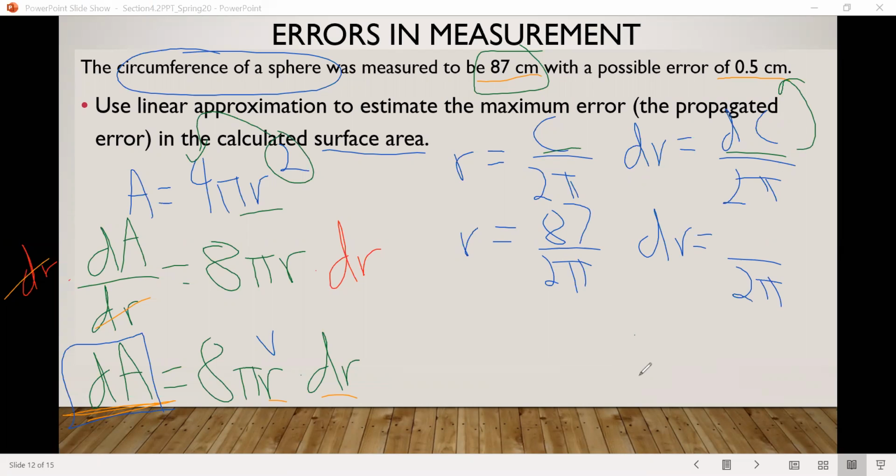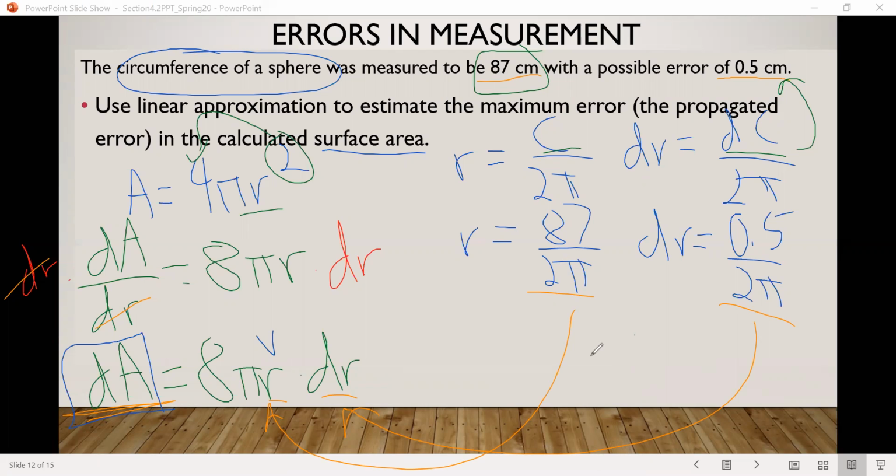So we have 0.5 as our dc, so we know that dr is equal to 0.5 over 2 pi. Wonderful. So now we can take that information and plug it into our formula over here for dA. So plug in 87 over 2 pi for r, 0.5 over 2 pi for dr.